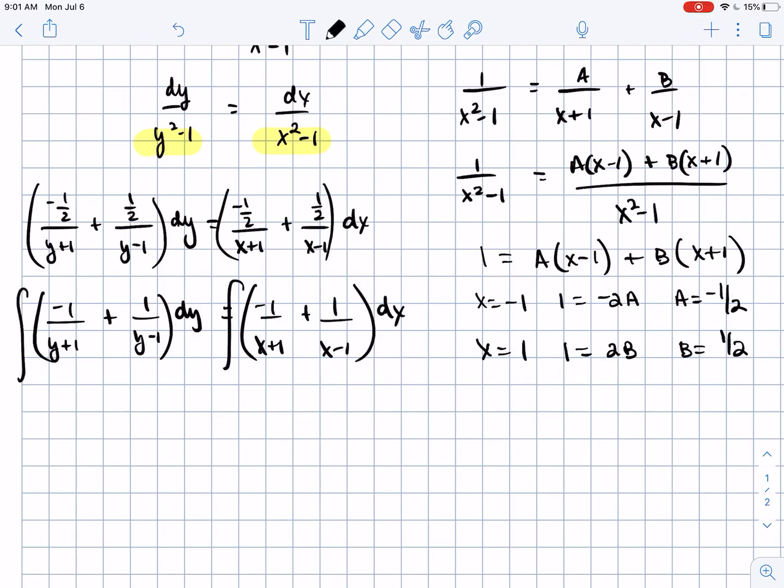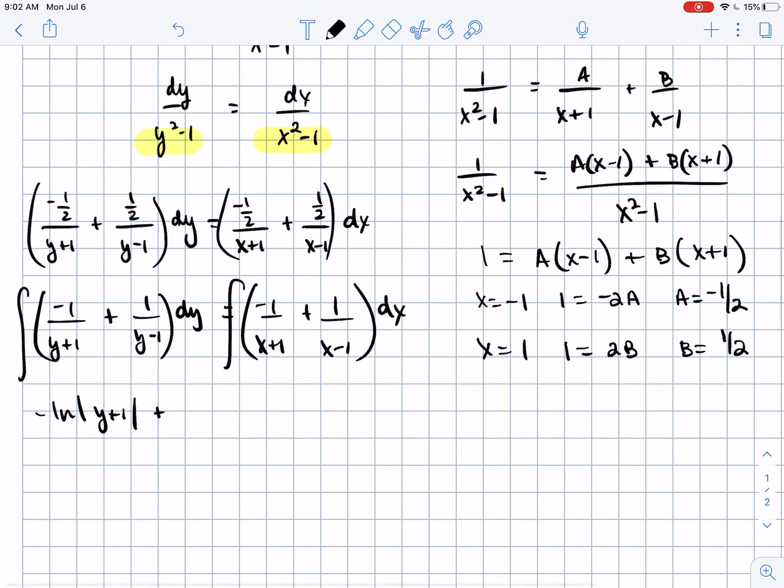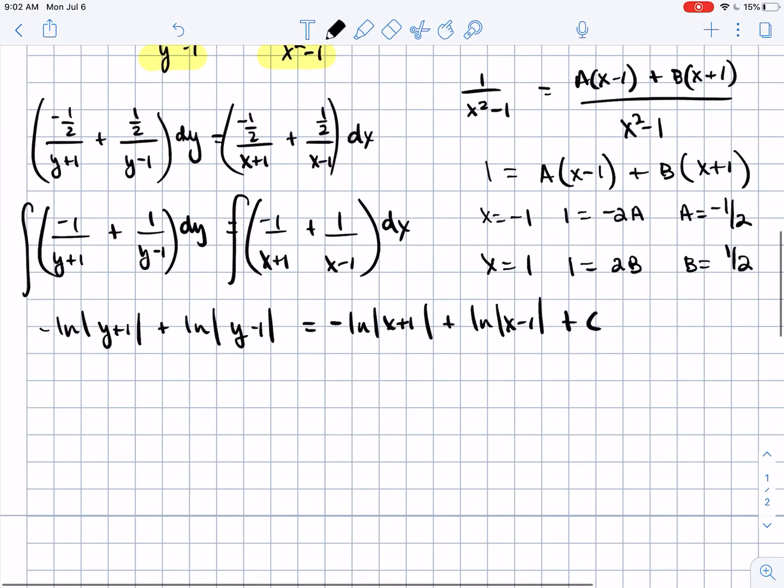Okay, so if I take the integral, I'll get a negative ln y plus 1 plus ln y minus 1 equals negative ln x plus 1 plus ln x minus 1, and then I put the c over here. So what I want to do now is, if I'm solving for c, I could plug in that initial value.